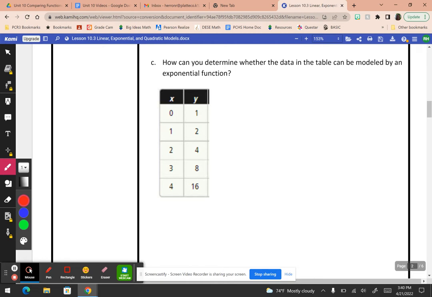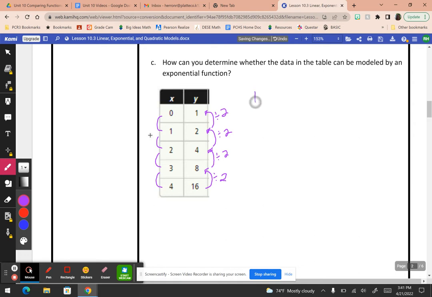For exponential, we're doing the same exact thing. We're checking to make sure that they are all increasing by 1 on our table for x's. And then just like we talked about with our geometric sequences, exponential is division, because the actual function is multiplication. So 16 divided by 8 gives me 2. 8 divided by 4 gives me 2. 4 divided by 2 gives me 2, and 2 divided by 1 gives me 2 again.